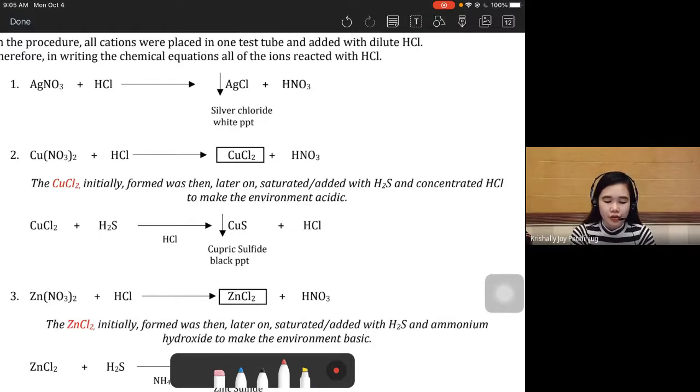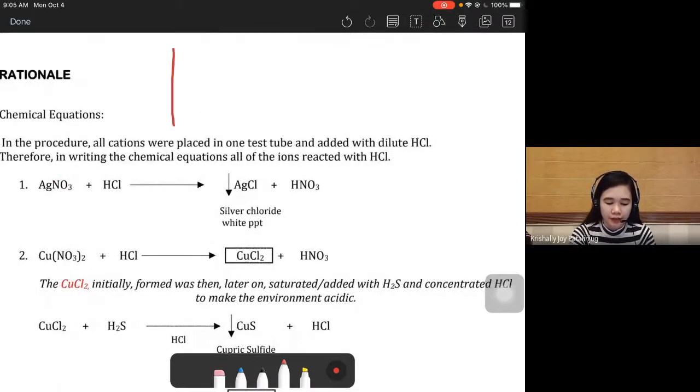For the experiment that we had, di ba, we have 5 cations that were studied. If this is the test tube, we added 5 ions in the form of test solutions.